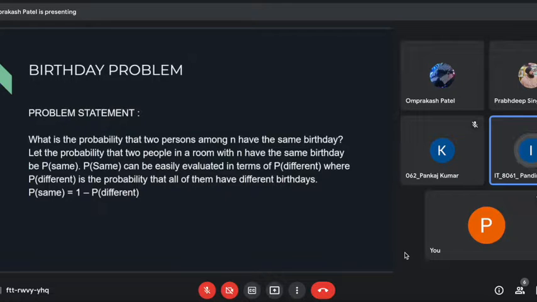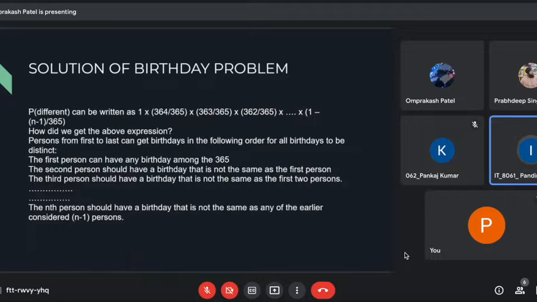So the first person can have any birthday from any of the 365 days, and the second person can also have any birthday excluding the birthday of the first person, and so on. The nth person can have any birthday excluding all the previous n minus 1 persons' birthdays.